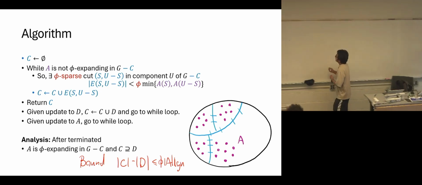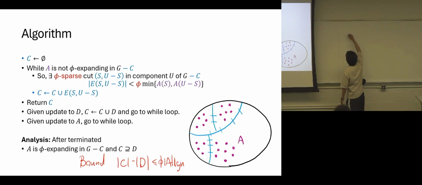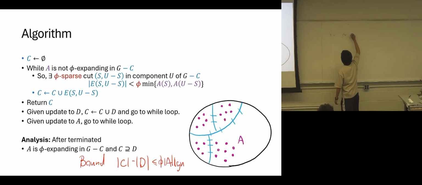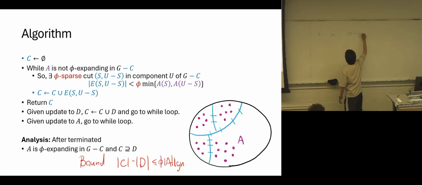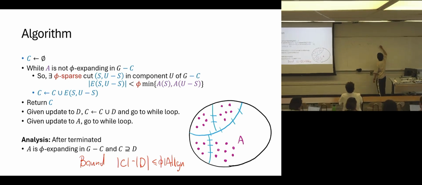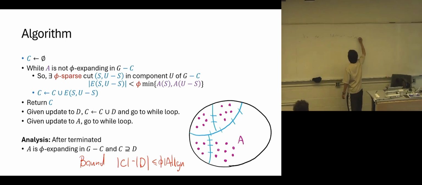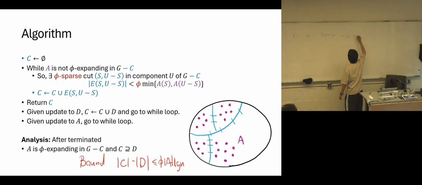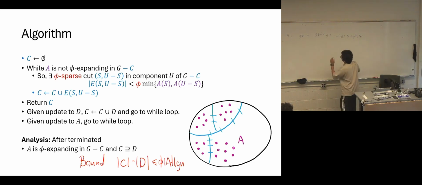In the beginning, for all V, give to V this much money, phi A of V log n dollars. So the total money is at most something like phi A log n.